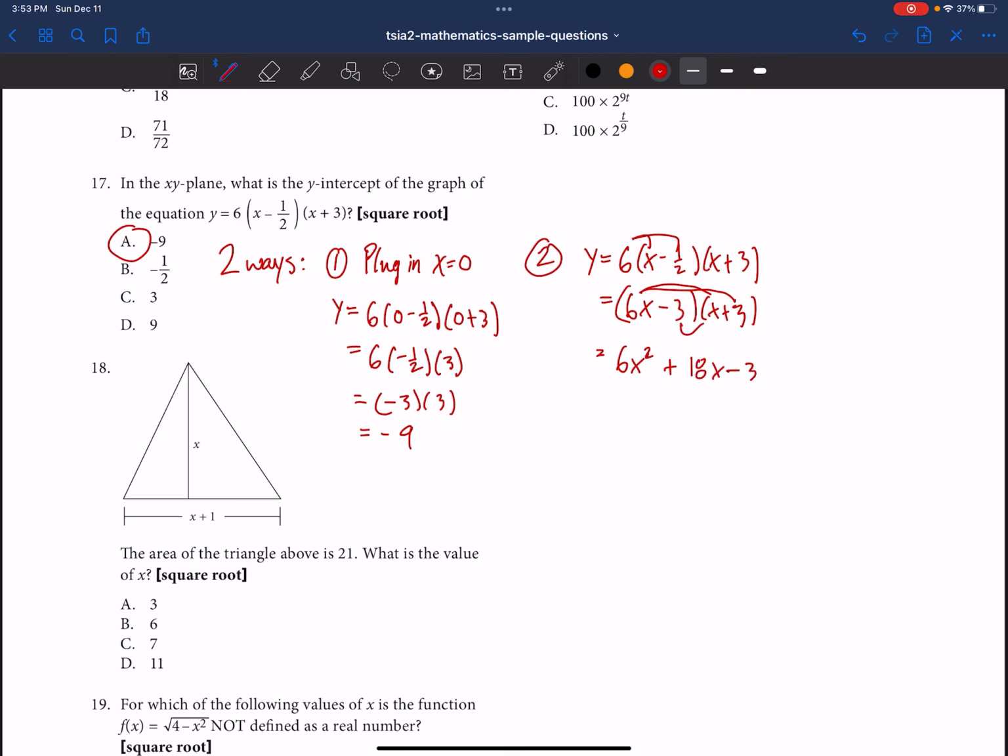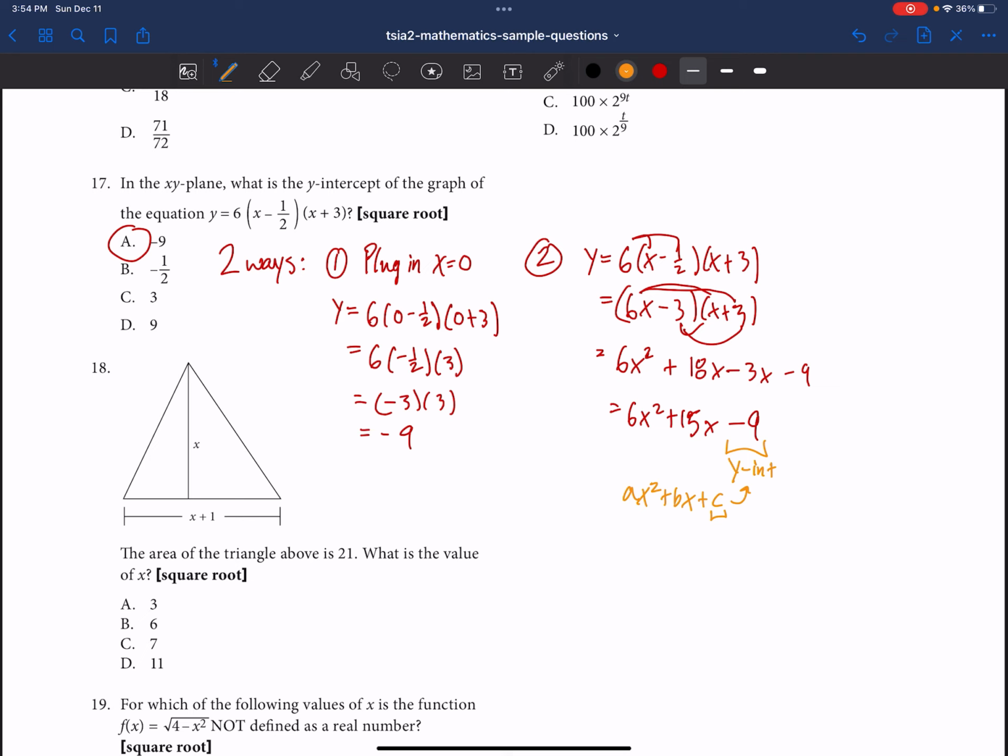And then negative 3x. And then negative 9. And actually, you don't even have to do all that, by the way. You just have to do the last combination. But if you distribute this, this fella is the y-intercept, because ax squared plus bx plus c is the y-intercept. So that's how you could also do it.